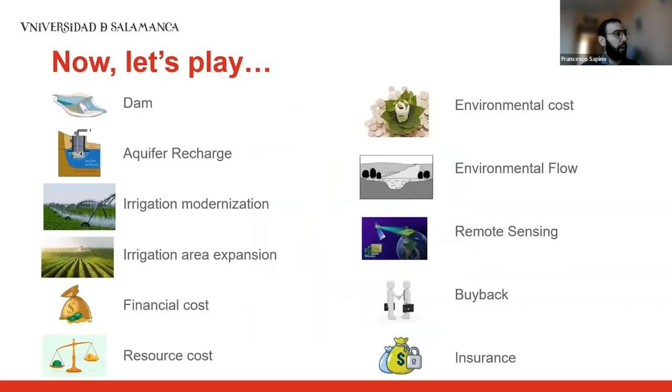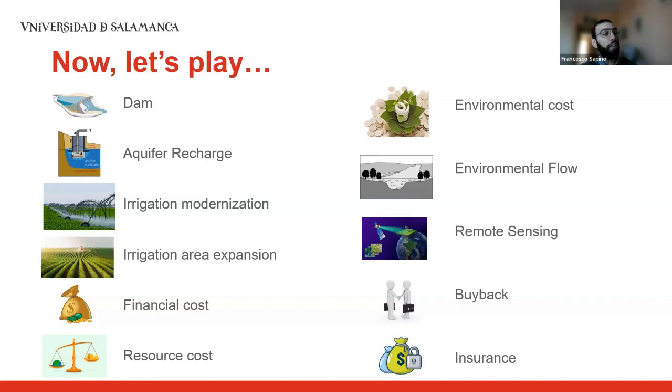Just to give you an idea of what the measures considered here are, the different icons refer to dam, aquifer charge, irrigation modernization, expansion of the irrigation area, financial resource and environmental costs, which are basically different kinds of pricing strategy with different purposes. If we charge the three of them, we will charge the full cost of water.